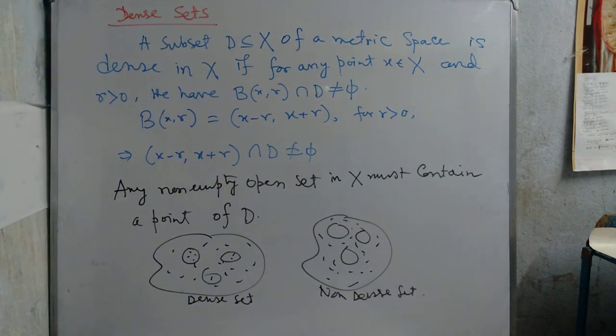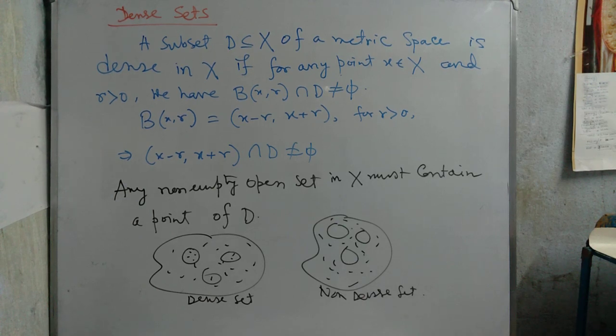What is the difference between dense and non-dense? If we take any neighborhood anywhere, a dense set has non-empty intersection with it, while for a non-dense set, some neighborhood has empty intersection.